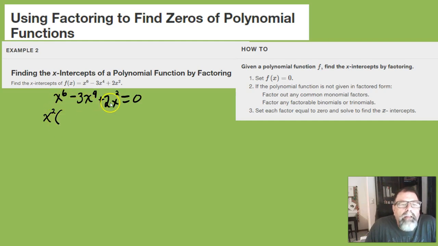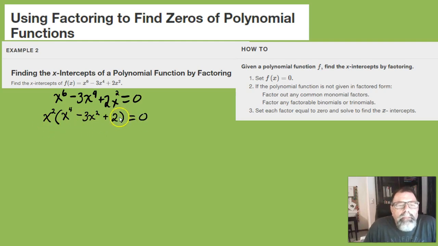Then I divide out x squared from each of these. We're going to use exponent rules, so when you divide, you subtract the exponents. x to the 4th divided by x squared, you go 4 minus 2 is 2. And then x squared divided by x squared is just 1. So that cancels, and you get 1 times 2, which is 2.